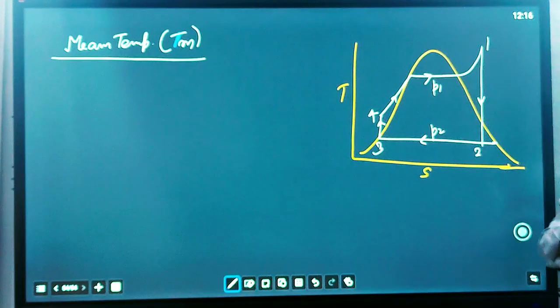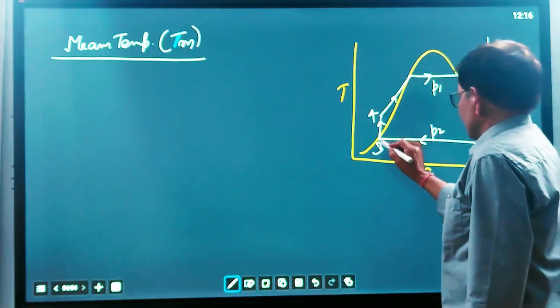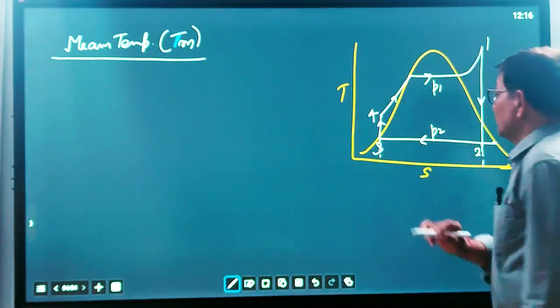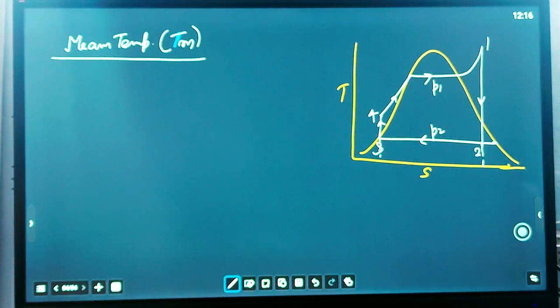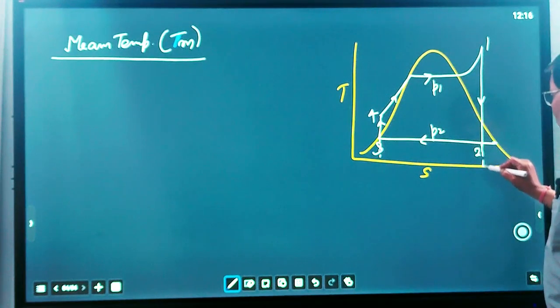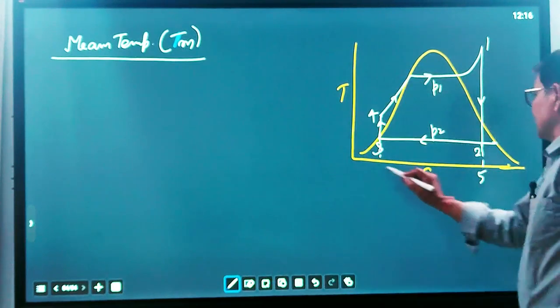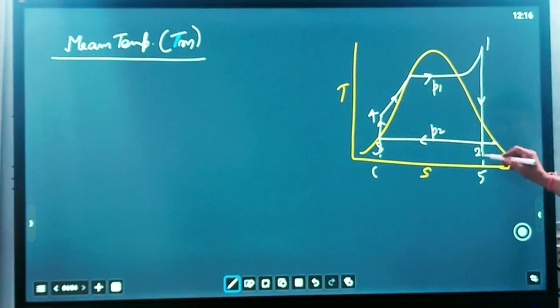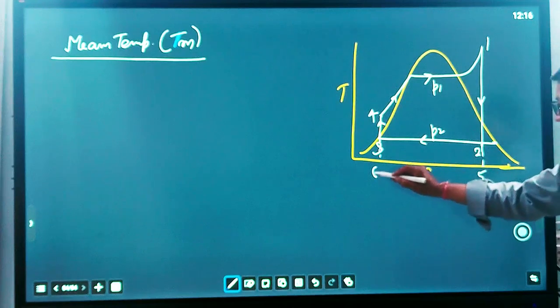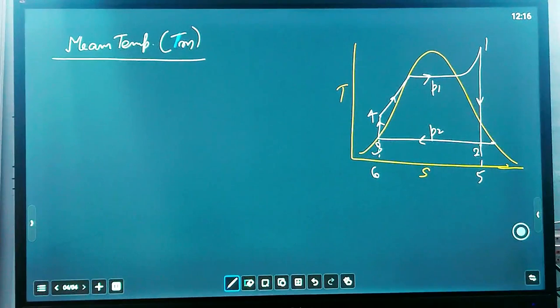Suppose we take an imaginary temperature. We know that the whole area in the heat addition process is the area under the curve. So we take the mean temperature in such a way that the area under the curve 1, 2, 5, 6 and 4 is the same as the area under the mean temperature.